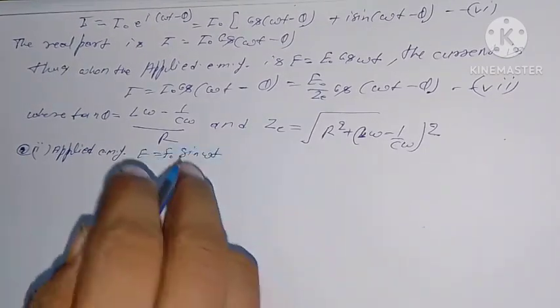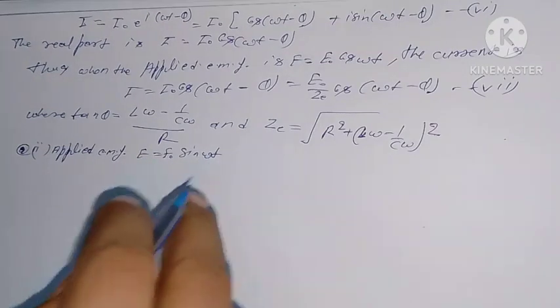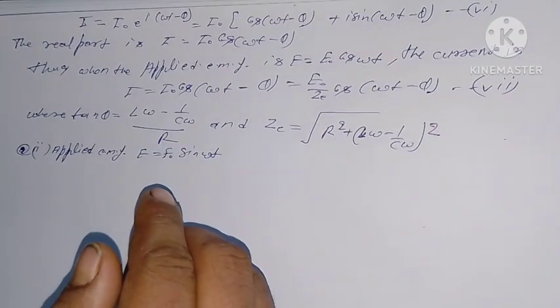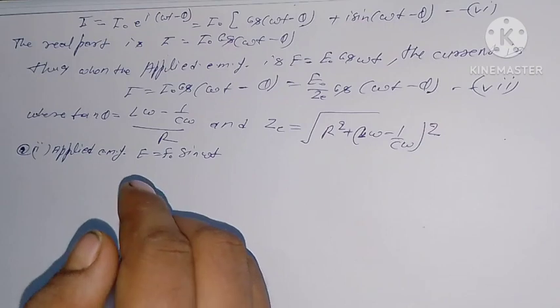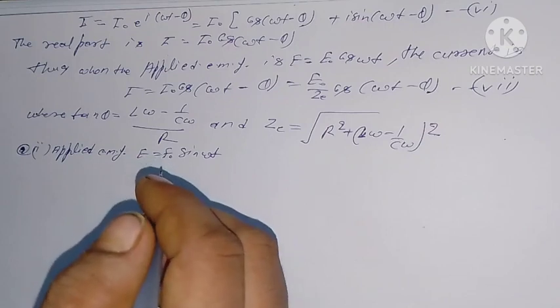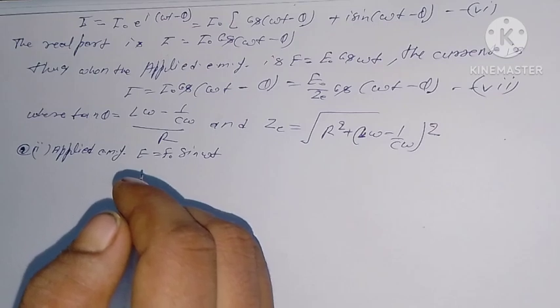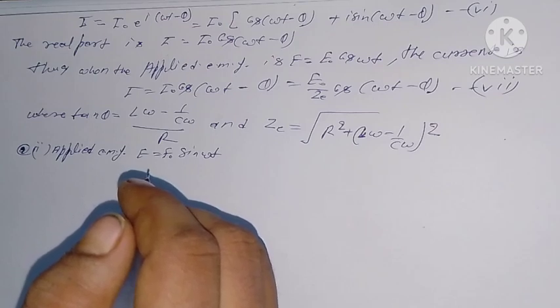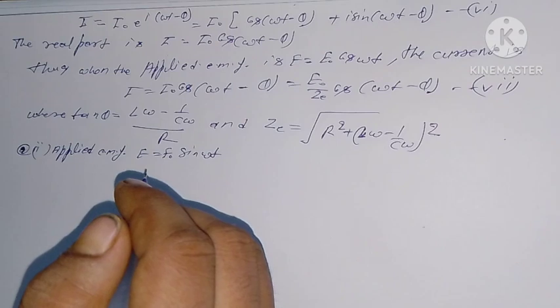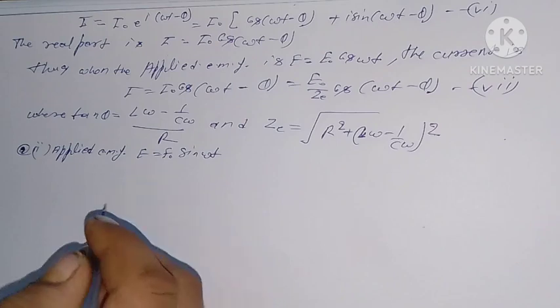When the applied EMF E equal to E naught sin omega t, it is dependent on the part of equation number 5 which is preceded by the vector operator i. The steady state term of the current I will also be that part of equation number 6 which is preceded by the vector operator i.